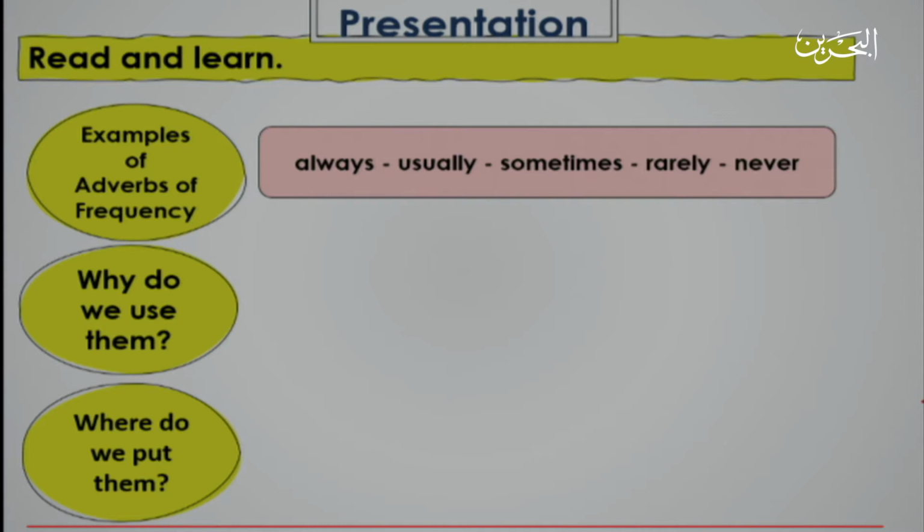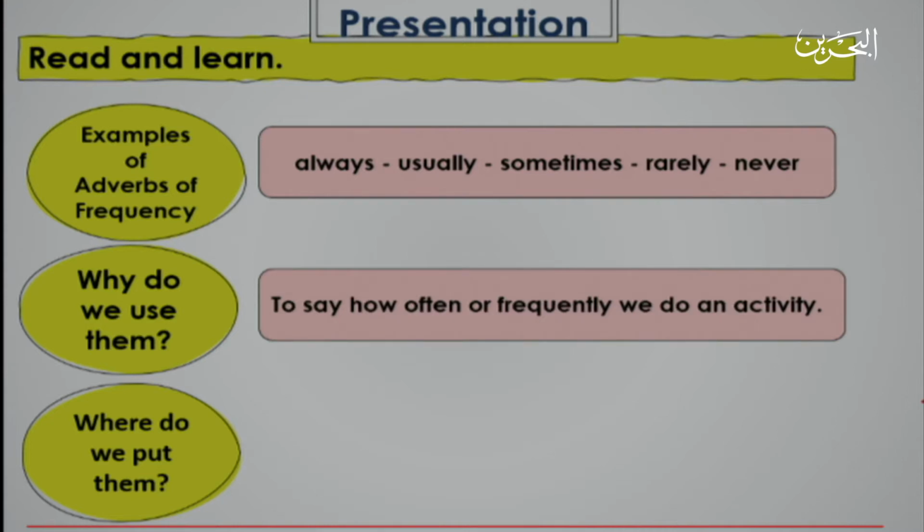Why do we use them? We use them to say how often or frequently we do an activity. Do we do that activity a lot, or a little bit, or sometimes we do that activity and sometimes we don't? We use the adverbs of frequency to say that.